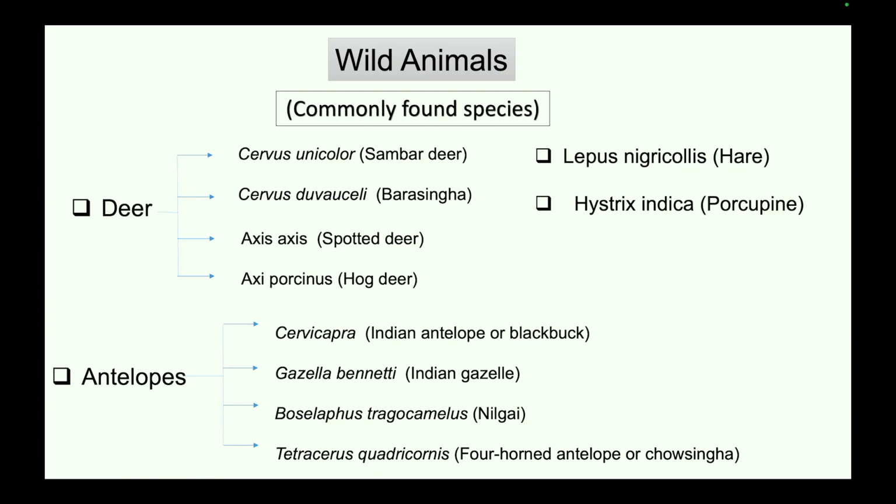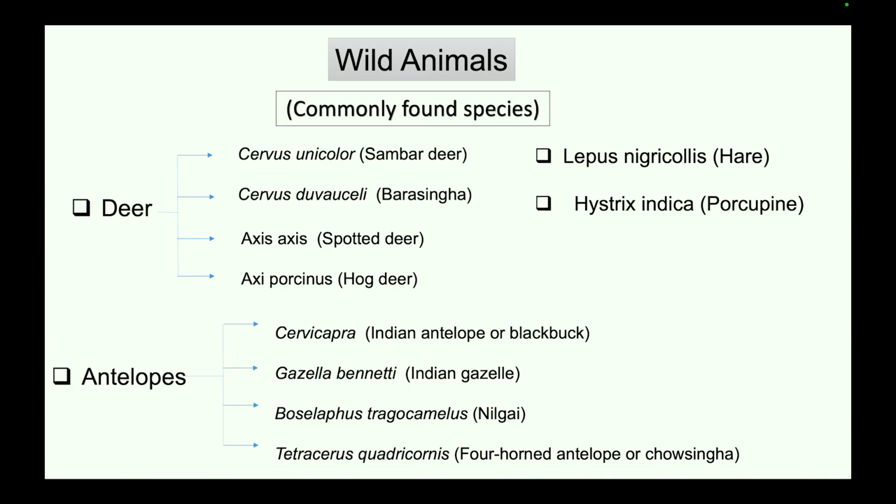In the category of antelopes, there is Antilope cervicapra, the Indian antelope or blackbuck; Gazella bennettii, the Indian gazelle; Boselaphus tragocamelus, the nilgai; and Tetracerus quadricornis, the four-horned antelope or chausingha.